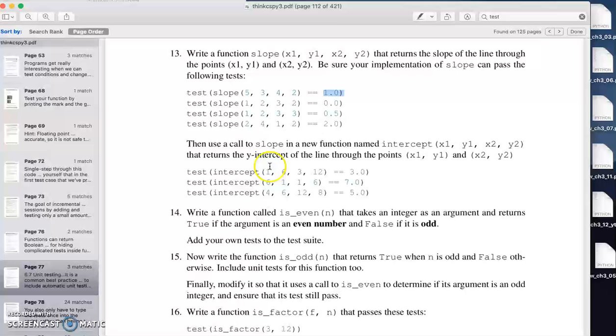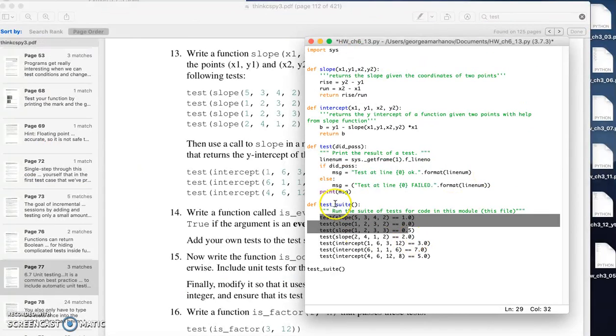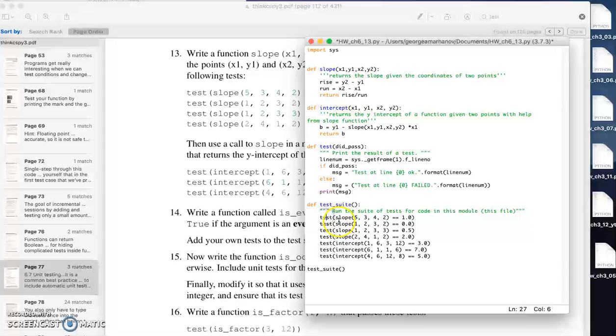When you run your intercept function, your parameters 1, 6, 3, 12 give you 3. When I plug that into my test suite, it'll output either okay or failed. I'm going to show you that my functions are okay here. I'm going to run this module.